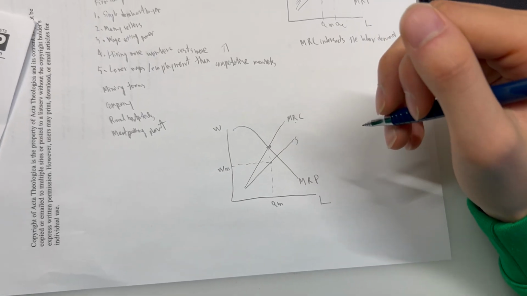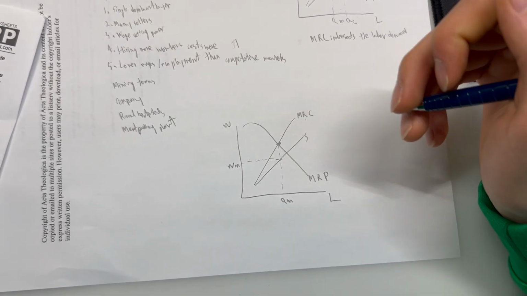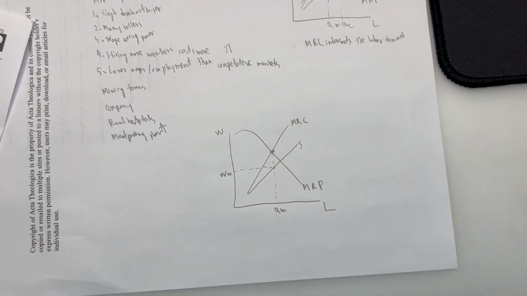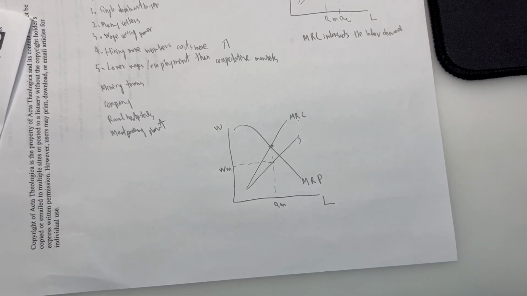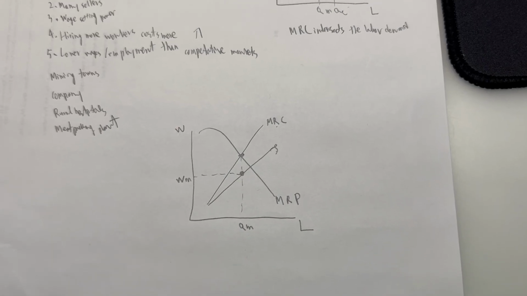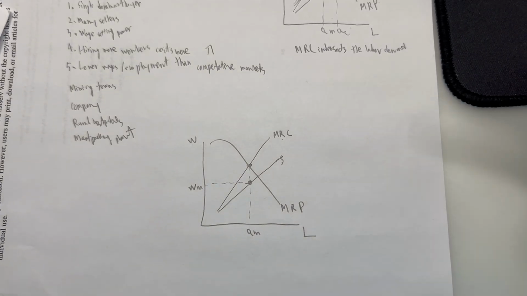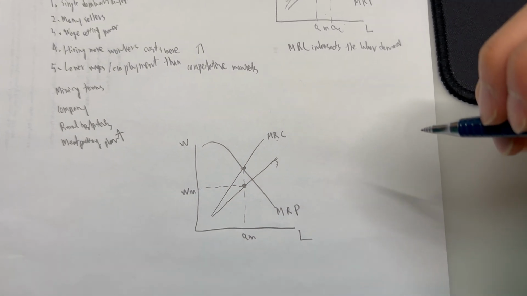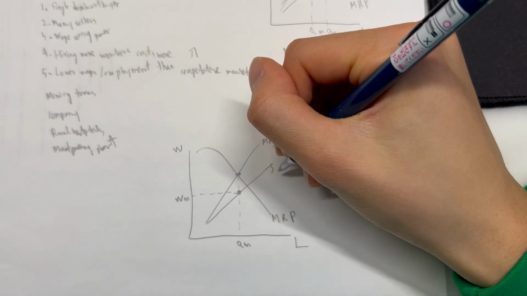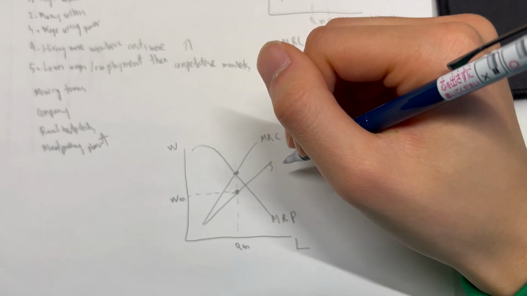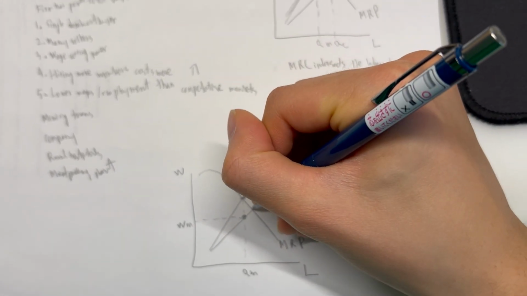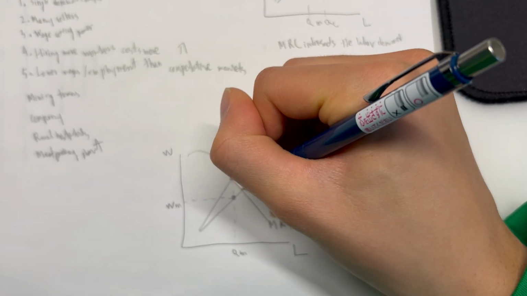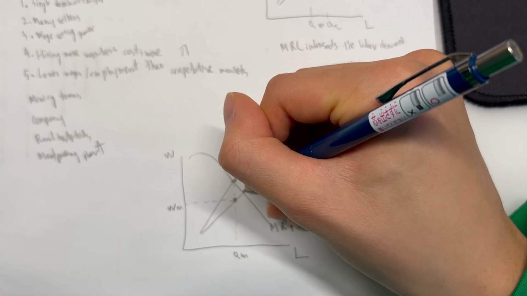It's lower than the competitive wage because the monopoly has power. And now we're gonna identify the competitive point, which is the intersection of labor supply S and labor demand MRP, right around here. So this is where supply and demand meet.